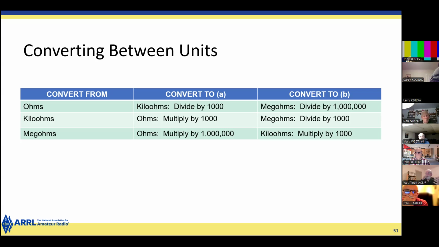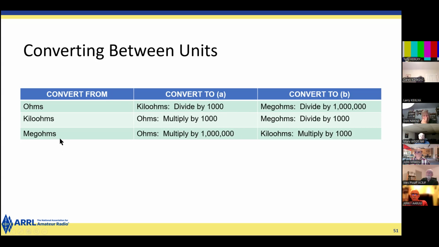And so if you want to convert from ohms to kiloohms, you divide the value by 1,000, or to convert to megohms, you divide by 1,000,000. To convert kiloohms to ohms, you multiply by 1,000, or to megohms, you divide by 1,000.